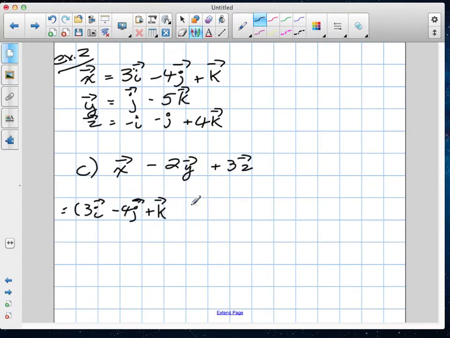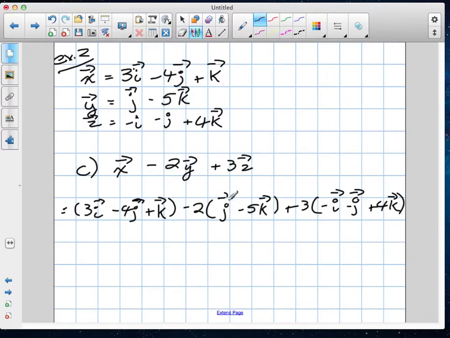I put the arrow above because it is a vector, it has direction. Scalar of 2, y is j minus 5k, and plus scalar of 3, z is negative i, negative j plus 4k. Need to make sure I call these vectors, okay?